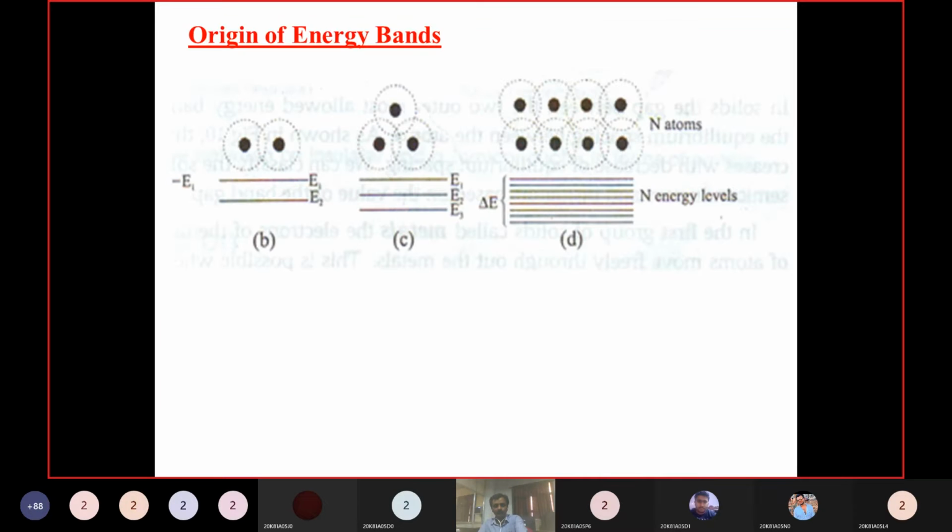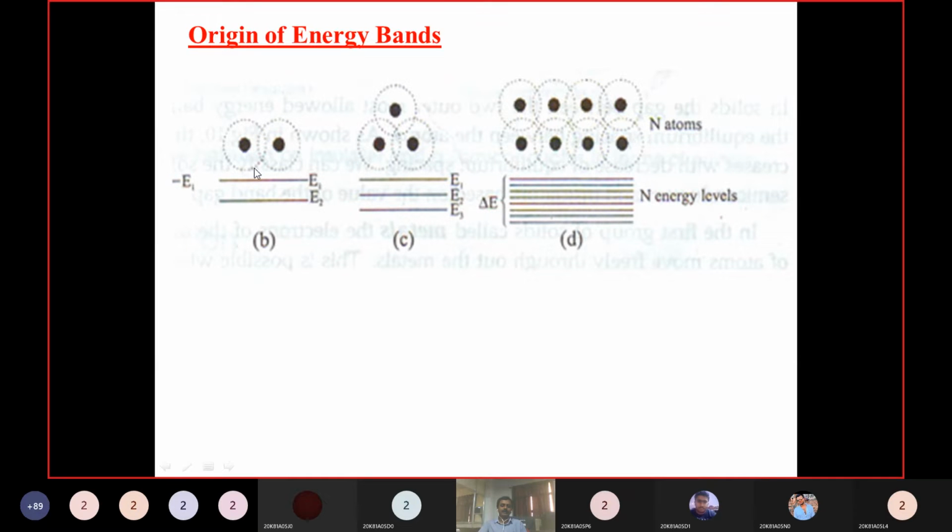Now coming to the classification based on the band theory of solids, how are these materials classified? Before, we discussed based on conductivity. Here, it is based on band theory. If you take any material, it contains so many atoms. Suppose two atoms are there, inside is the nucleus and outside electrons are revolving.